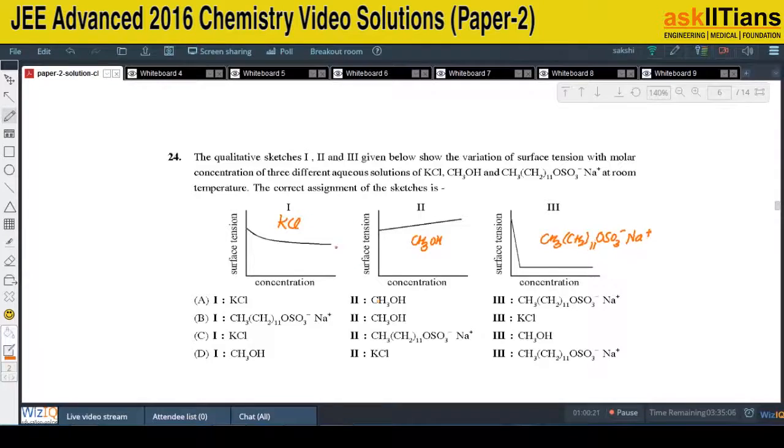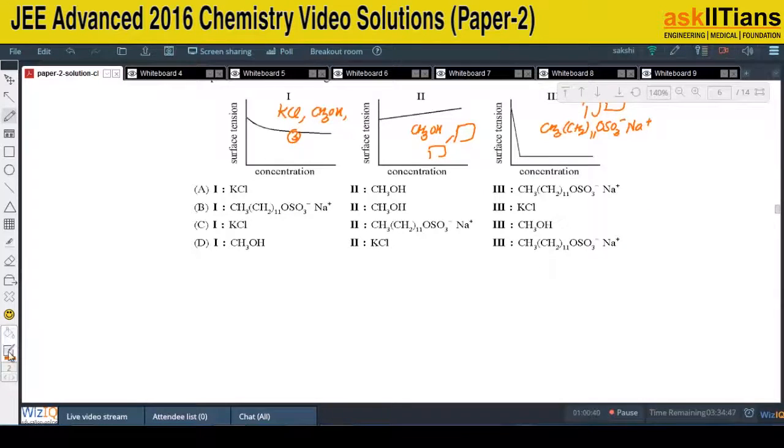This is what is unknown. So either this is KCl, or CH3OH, or the third option, and the same goes for the other graphs. Now my dear students, I'll speak out certain lines and I want you to see whether you can understand what I'm speaking, else I'll try it in a different way.